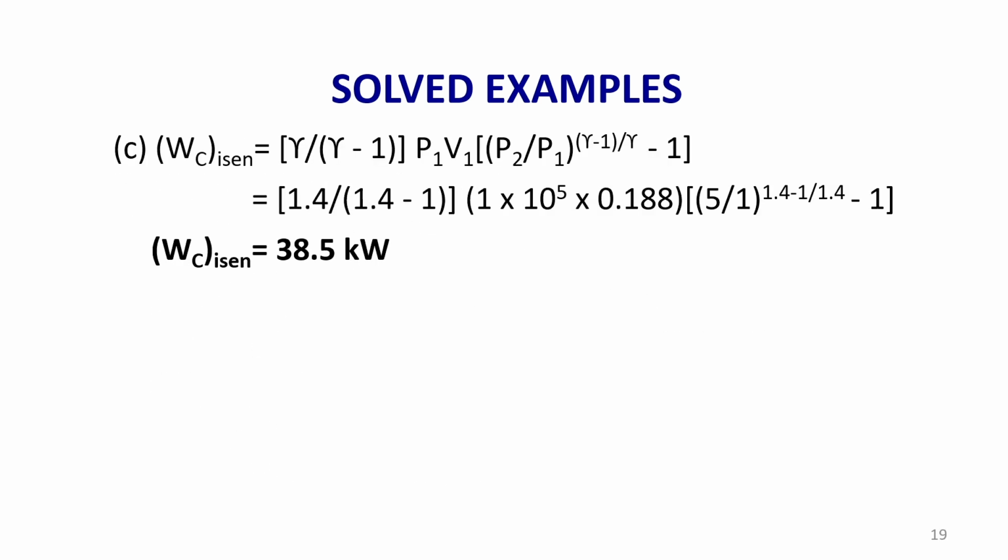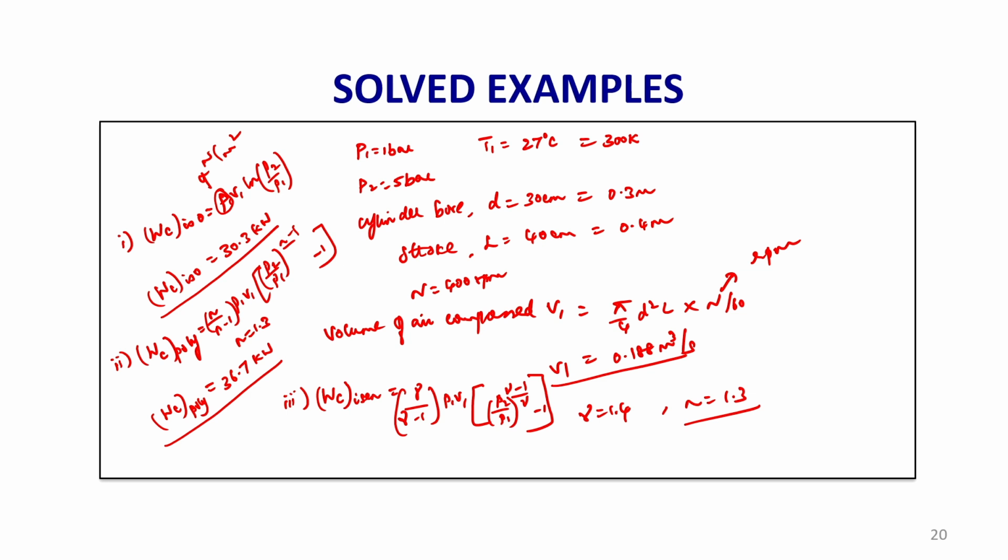When we calculate the isentropic, the work of compression for an isentropic process is highest among all the three processes, 38.5 kilowatt. For the isothermal process it is least, and for the isentropic or reversible adiabatic process it is the maximum. That is the power consumed by the compressor.